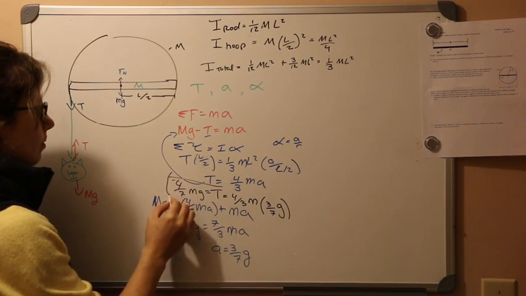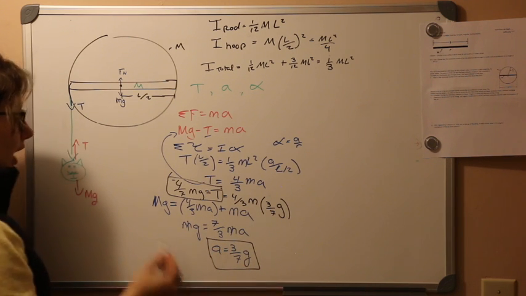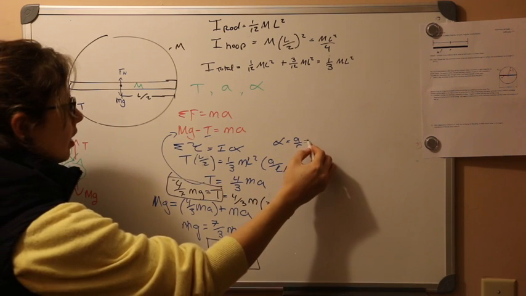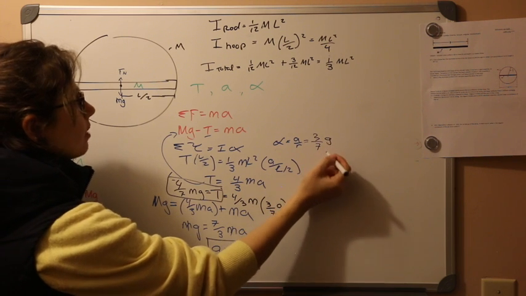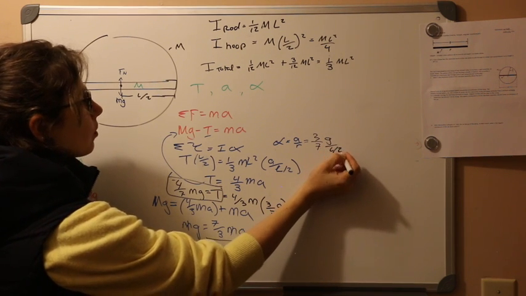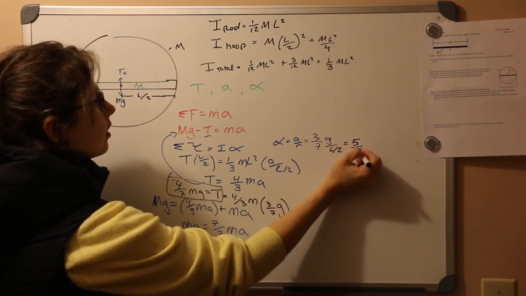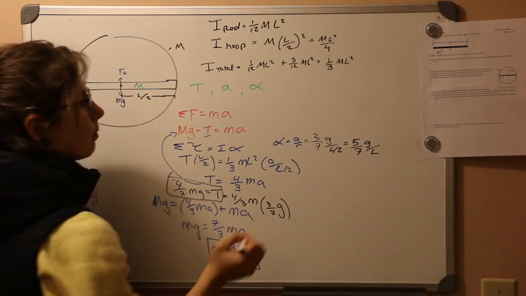So those are our results so far. And it also asks us for alpha, but we know alpha equals a over R, so we can just take our a value, 3/7 g, and we can divide by our R, which is L over 2. This 2 actually flips up, so we're going to get 6/7 g over L.